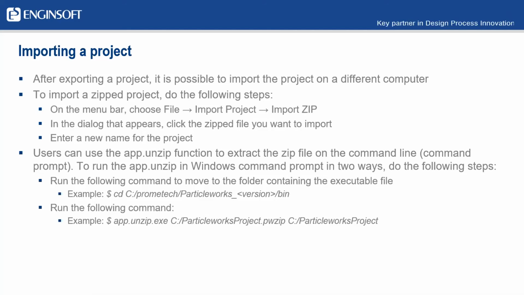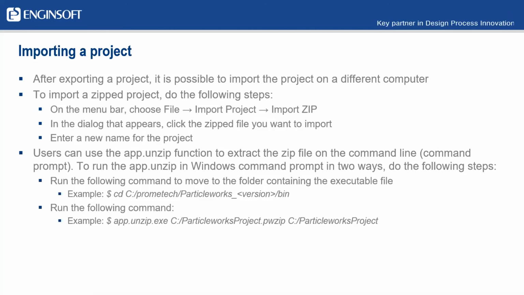You'll see you can go to your folder where you've saved that zip file. You can click it, and then again you can enter a new name for the project if you're wanting to keep bookkeeping information clear and straight.